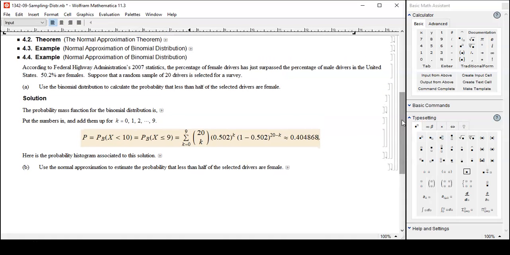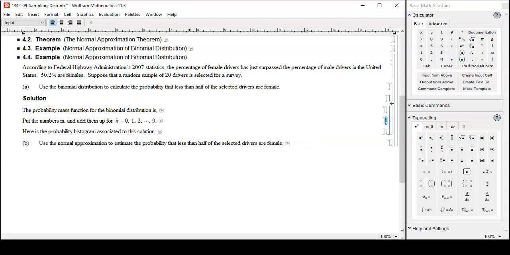So half of 20 is 10, but less than 10, so I have to add up to 9 people. Does it make sense? Less than 10 is equal to less than or equal to 9. There's nothing in between. We are talking about number of people. So add up to 9 and then do your computation: 20 choose k and then this power, that power, and 0.4048. That's what you're supposed to get.